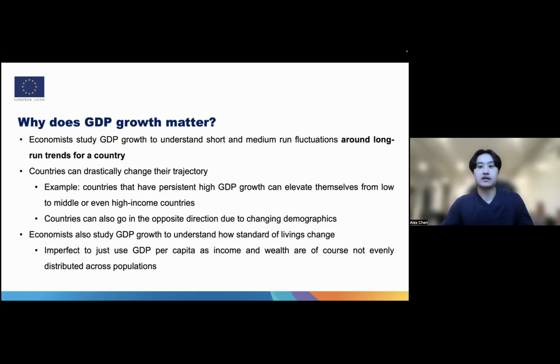And we know that's not the case, because wealth and income are not evenly distributed. So that's one reason you don't just take GDP per capita and say, this is overall how everyone's doing. If income and wealth are skewed, it might not be capturing how everyone is actually doing. So you might also want to look at median income or the Gini index for inequality.